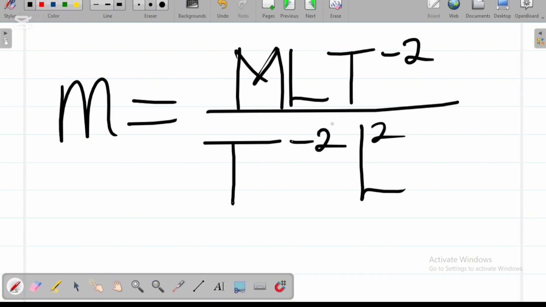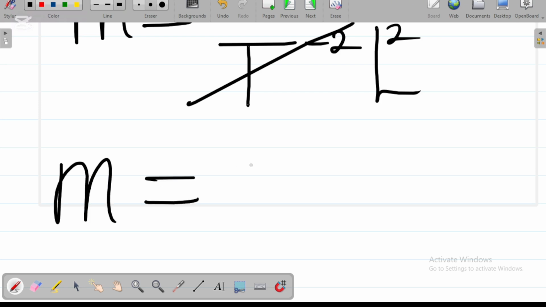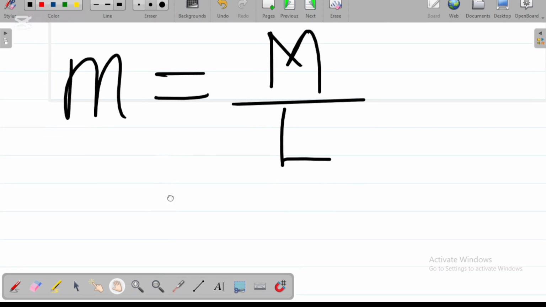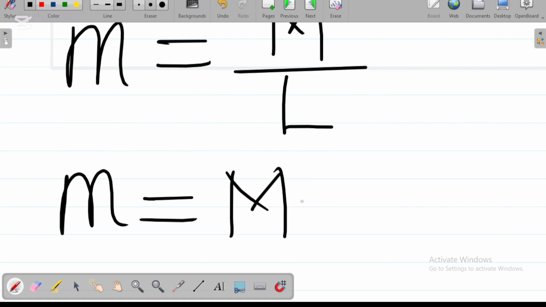So at this point, T raised to power negative 2 cancels off T raised to power negative 2. And then L here cancels one of the L. So therefore, M is equal to capital letter M all over capital letter L. This can be written as ML raised to power negative 1.